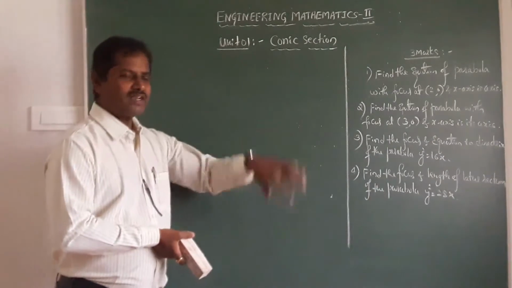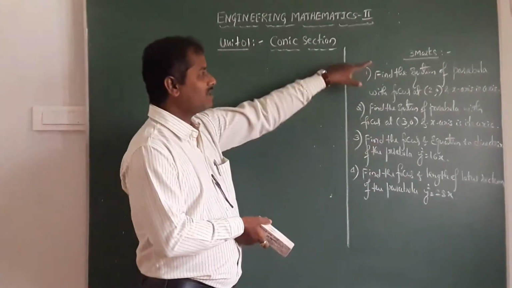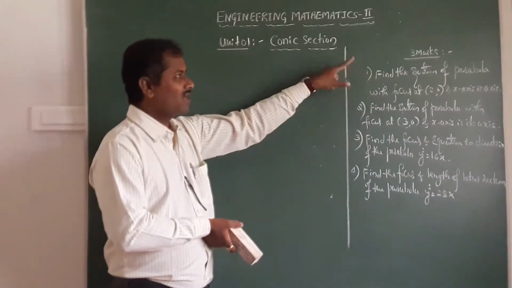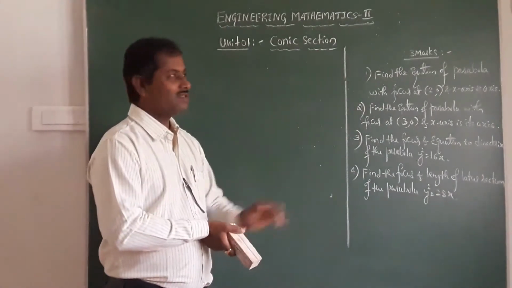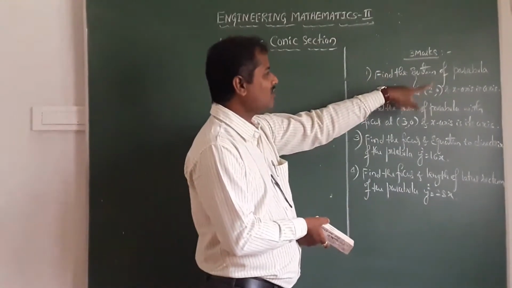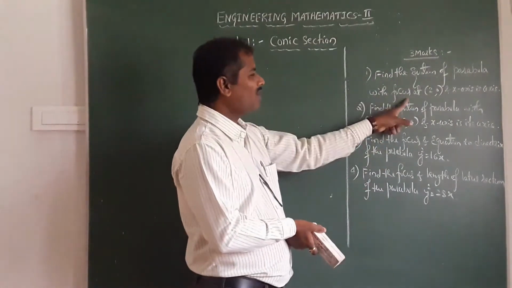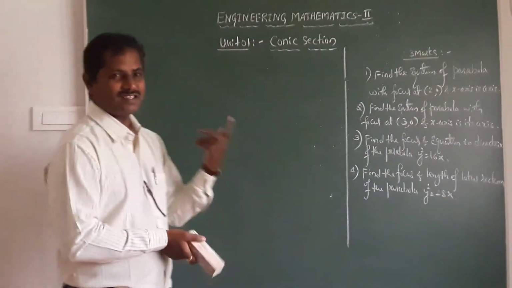Dear students, now let us discuss the problems based on parabola. In parabola, for your examination 3 marks will be available, and those 3 marks questions will be of this type. The first question will be like this: find the equation of parabola with focus at 2, 0 and x-axis as the axis.